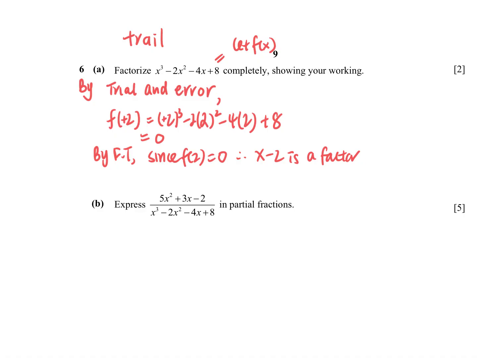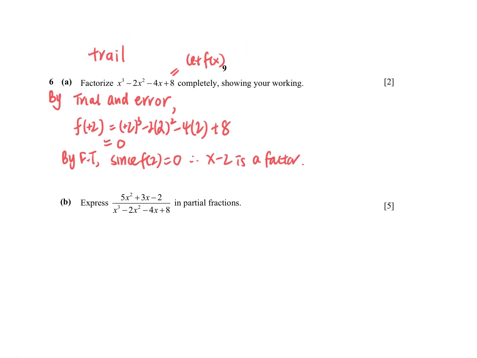Once you get this, then you can do a synthetic or long division. Okay, I like synthetic because I don't have to write the x there. 1, 2, add up, no more. 0. Minus 8, 0. So this will give me x squared minus 4.